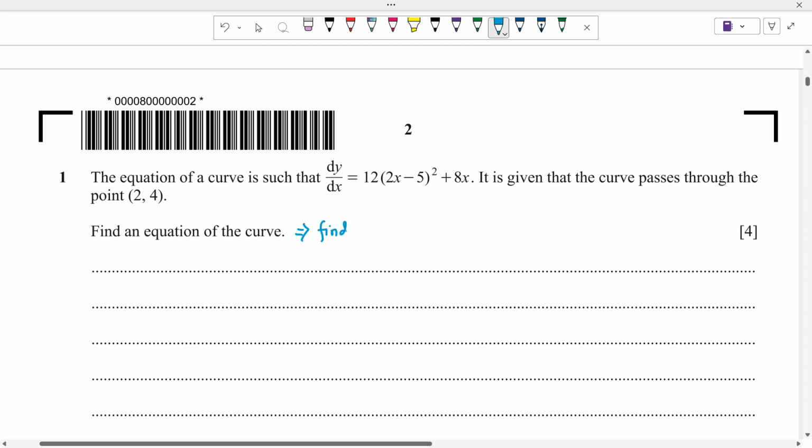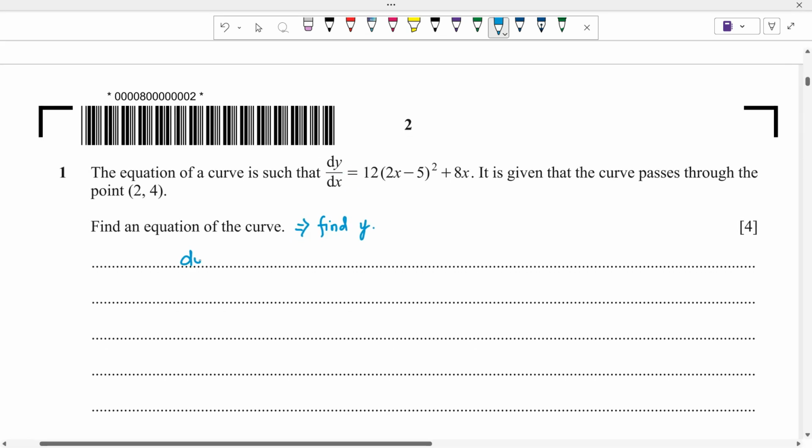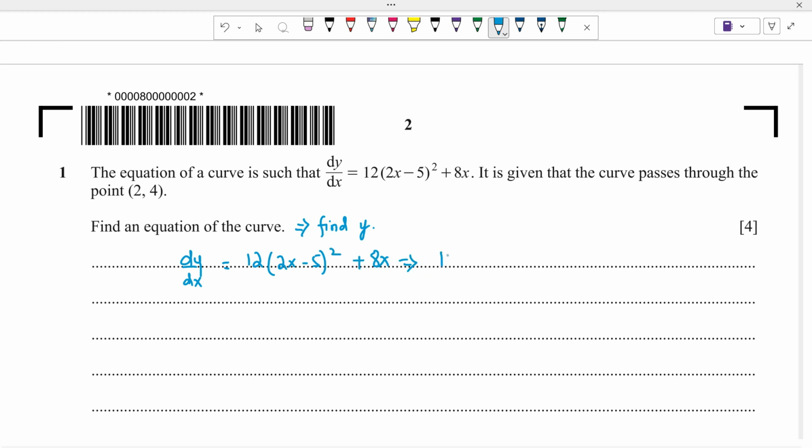So dy over dx is equal to 12 times (2x minus 5) whole squared plus 8x, and this is equal to 12 times (4x squared minus 20x plus 25) plus 8x.